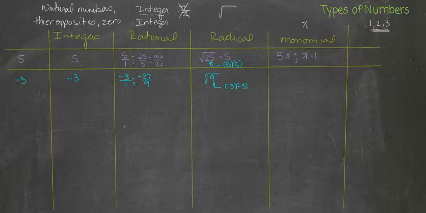And be careful here, because I know that you're used to seeing that whenever you deal with a radical, you can't possibly be dealing with a negative number, that this -3 and a radical sign don't go together. But notice I didn't write the negative inside of the square root symbol. I wrote the negative outside, I squared the number, and it turns out that the square root of 9 is -3.